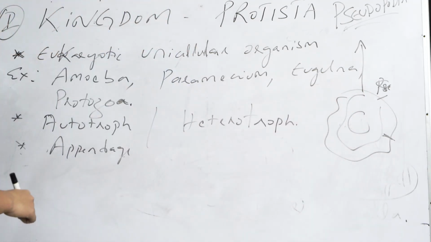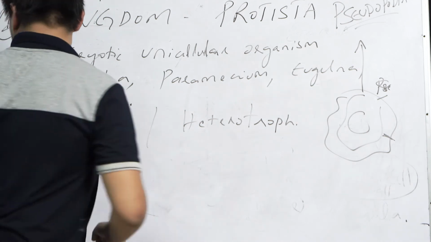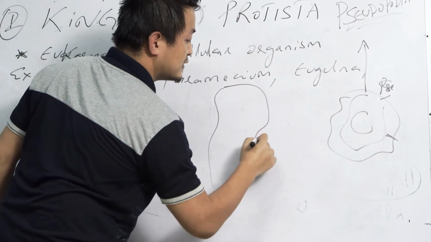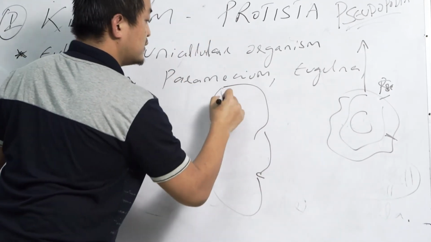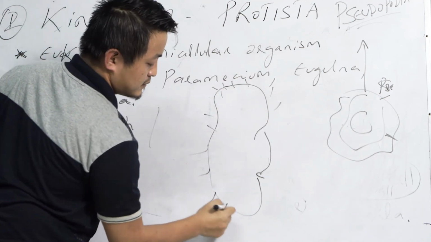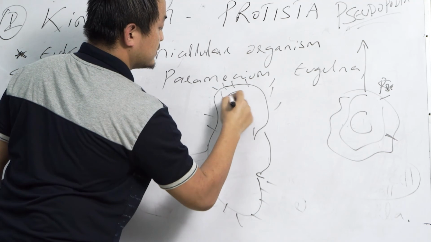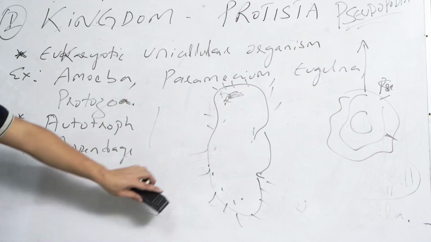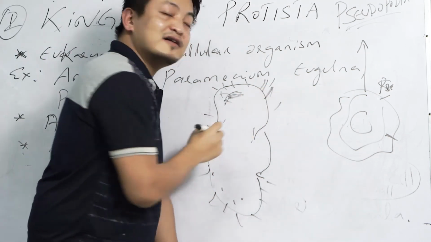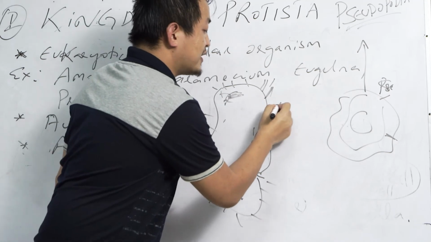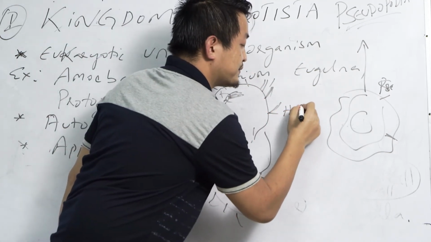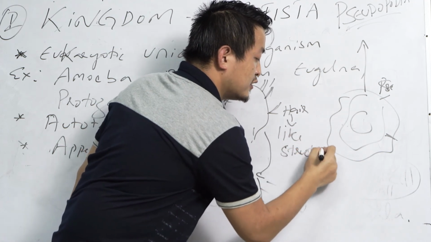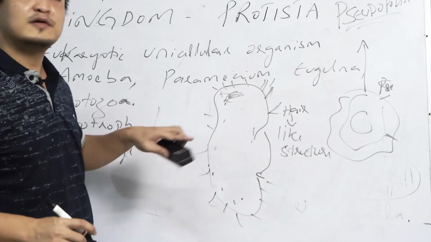Now, when we discuss paramecium, this is just a rough structure, but they have this hair-like structure, which helps this organism to move.